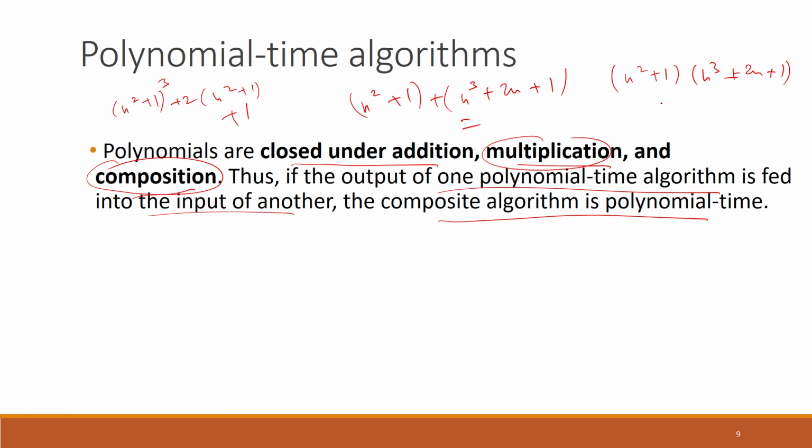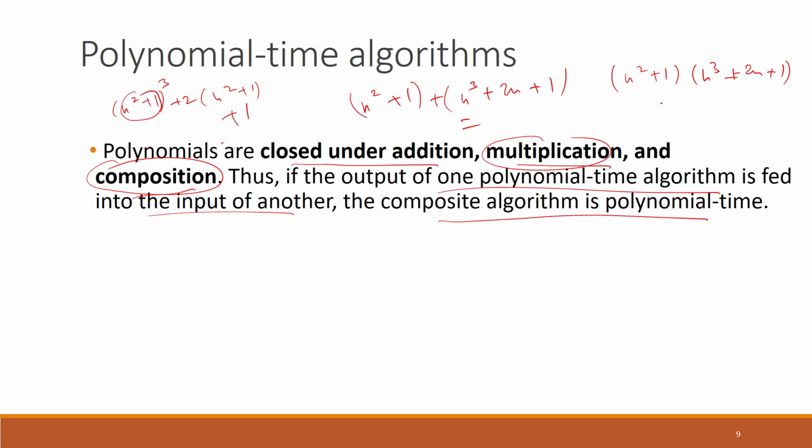So, what we are doing here is that we are taking the output of one polynomial time algorithm, which is this n square plus 1, and we are inputting it into another polynomial time algorithm that takes n cube plus 2n plus 1 operations here. So, this will also be another polynomial, okay, whose term with the highest power will still be n to the power 6 here, and then we will be having other terms here.